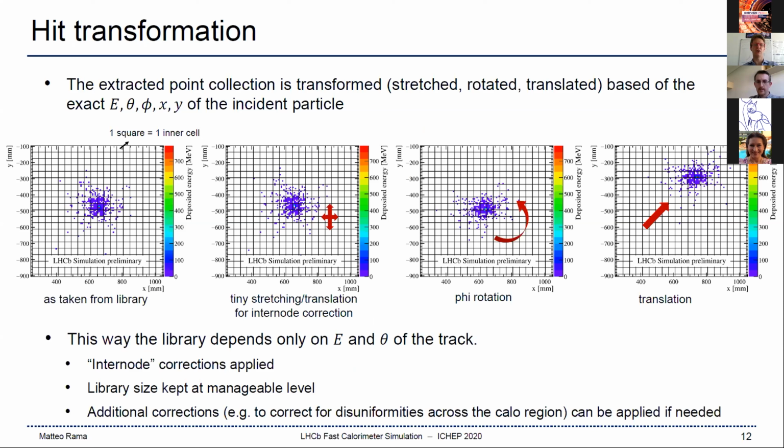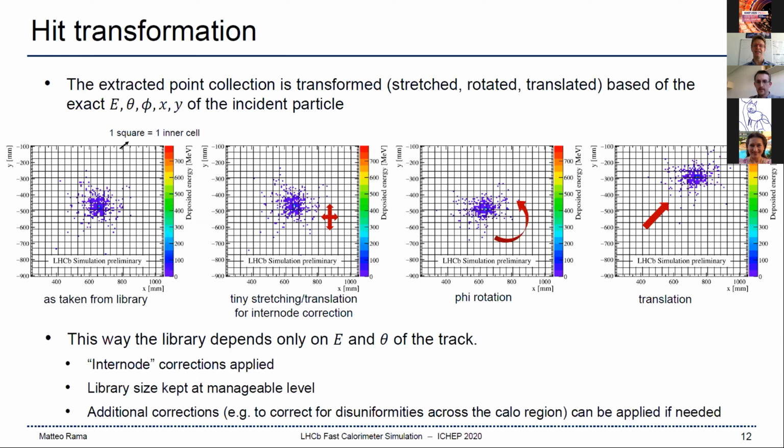On the left plot, the original energy deposit collection taken from the library is slightly changed to take into account that the particle doesn't in general fall exactly into a library node, but close to one of the nodes. So it requires a slight modification.